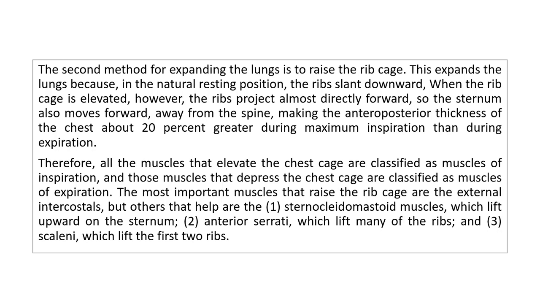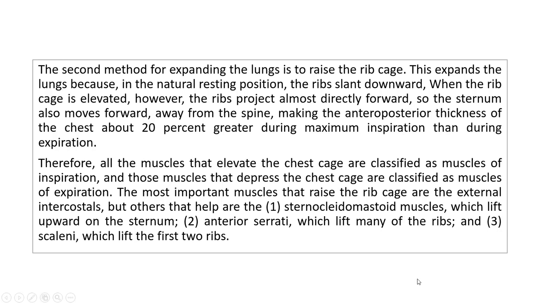The most important muscles that raise the rib cage are the external intercostals, but others help too: the sternocleidomastoid muscles, which lift upward on the sternum, anterior serrati, which lift many of the ribs, and scaleni, which lift the first two ribs.